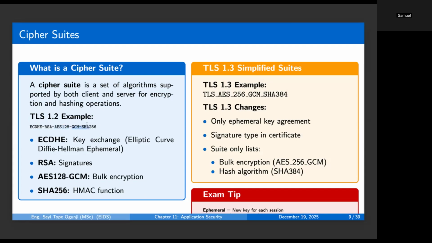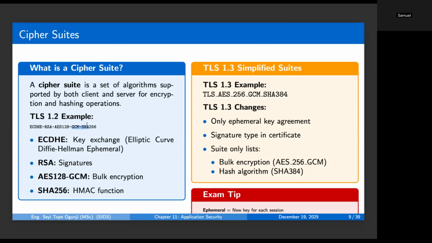And SHA-256 is a secure hash algorithm using 256 bits. So these are the cipher suite. And you will notice that they are concepts we have covered before now when we were treating public key infrastructure, talking about the symmetric and asymmetric keys.